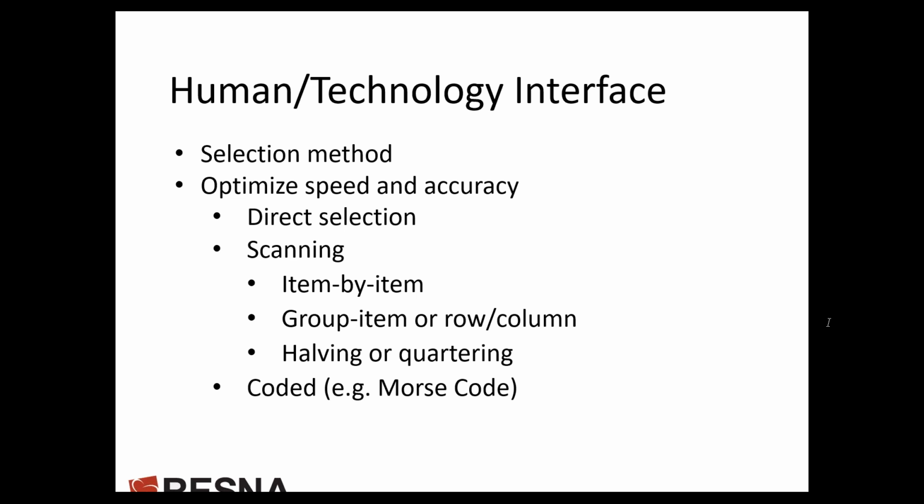So we want to make sure that we're doing everything that we can to optimize that speed and accuracy. And the method a person uses should optimize the speed as well as the accuracy for communication. So if it's not, then we need to potentially look at a different selection method. These selection methods were discussed in the Access module, and this is just a quick review.